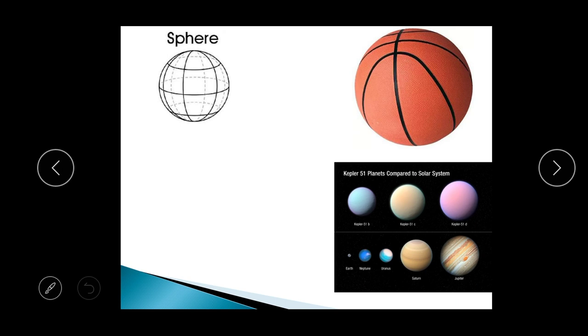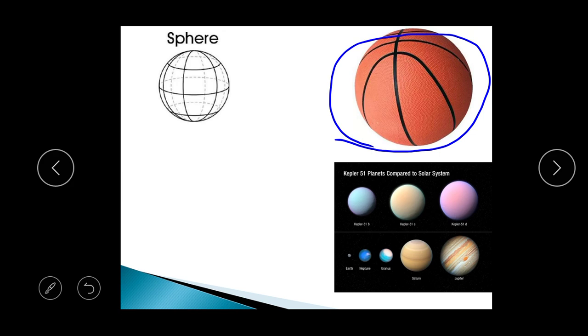An example of objects that come in sphere shape are, look at your football, your ball, your basketball. They are in sphere shape. And do you also know that the earth is spherical? Yes, earth is spherical. Remember we learnt about our solar system.